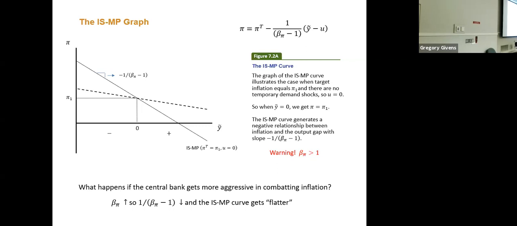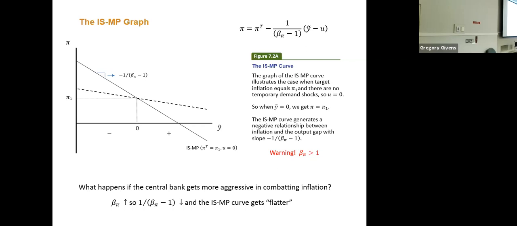So the more the central bank aggressively tries to stabilize the inflation gap, the flatter the IS-MP schedule becomes. If beta pi, Levi, goes all the way to infinity, the slope goes to 0, and the IS-MP schedule becomes perfectly horizontal, okay? If beta pi goes to 1, what happens to the IS-MP curve?